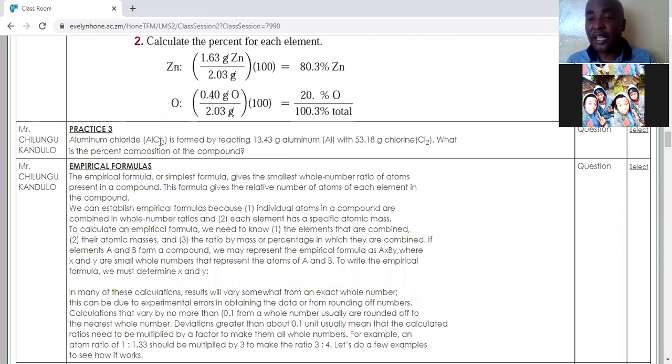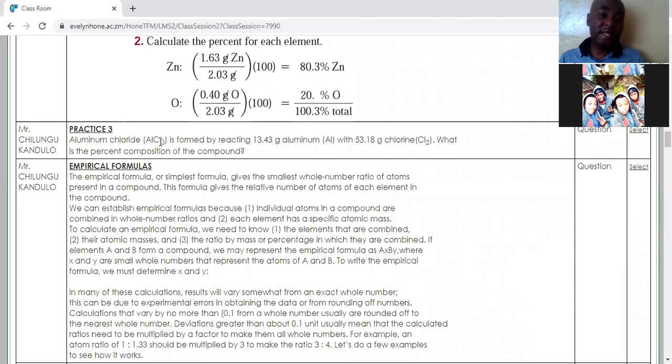There the empirical formula and the molecular formula become very distinct. But for the ionic compounds, the empirical formula and the molecular formula are almost always the same.